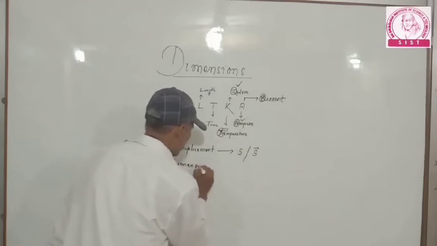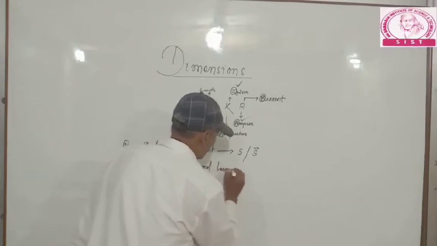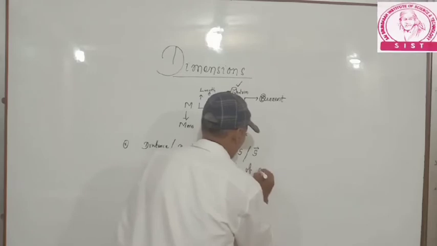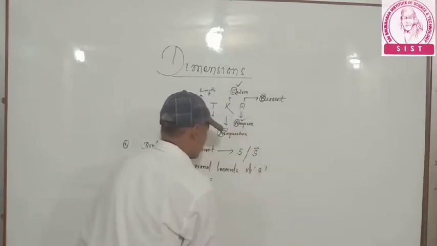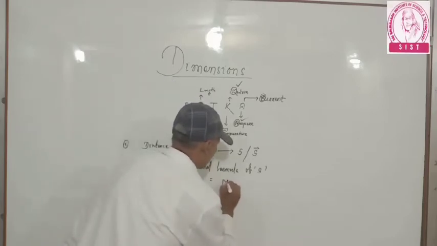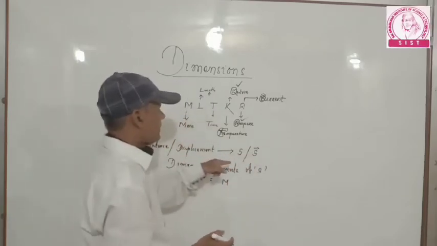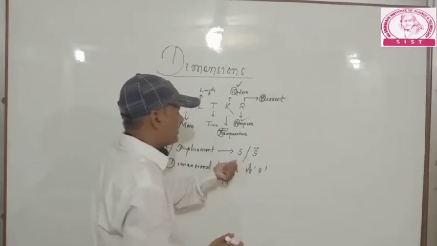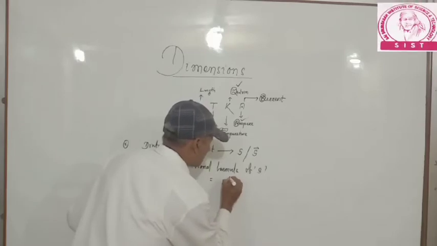Dimensional formula of S is equal to, go on writing, m. Here is no mass. You know it is a fundamental quantity and directly it represents a length, nothing else. So m is not here.